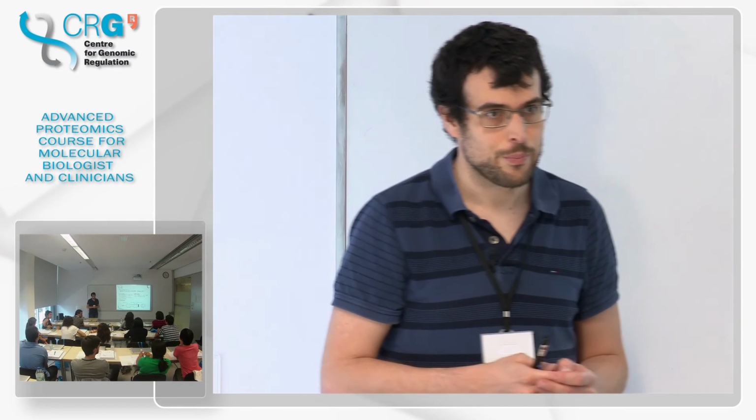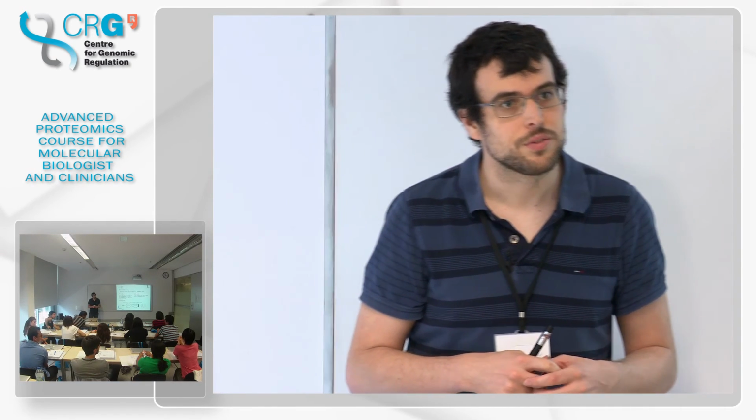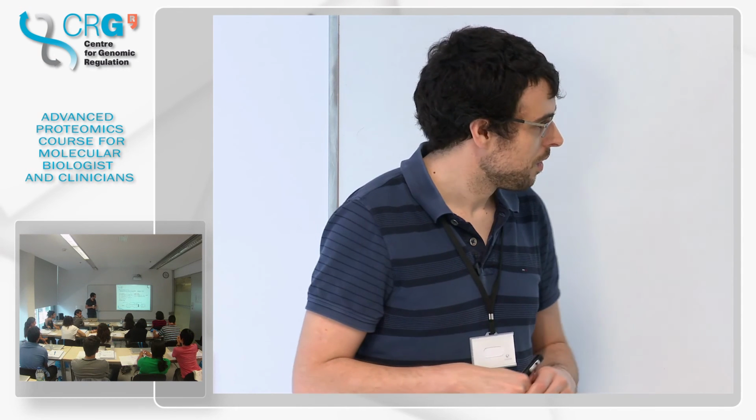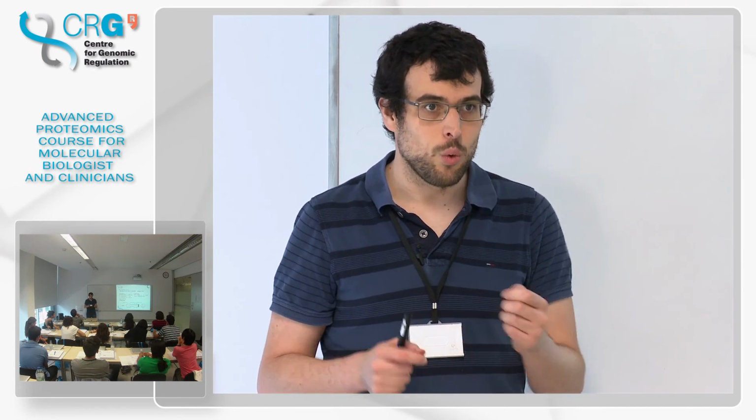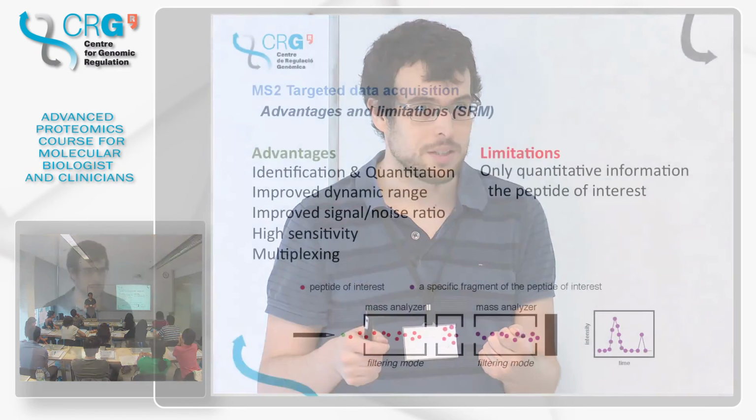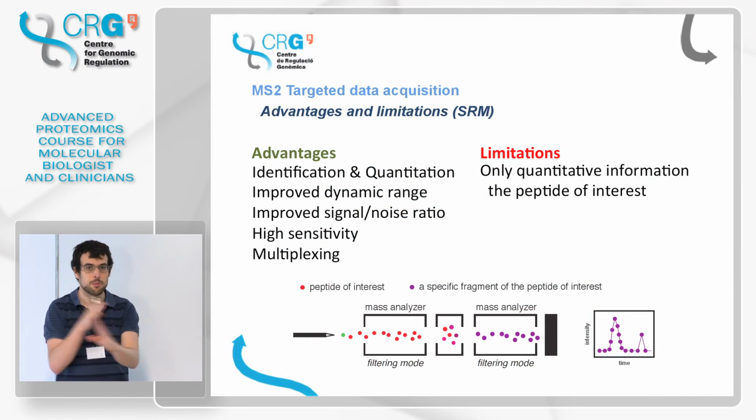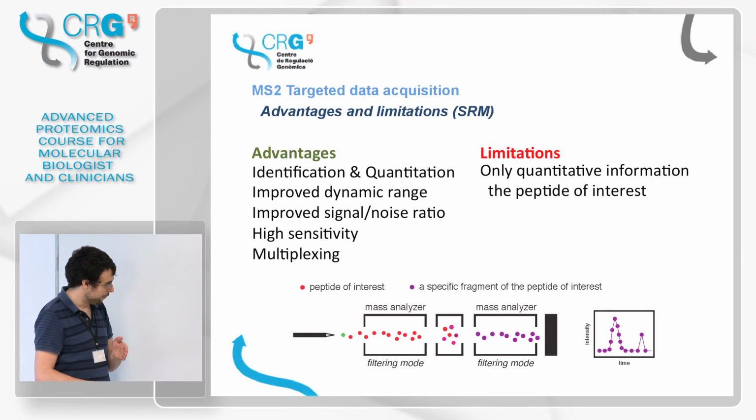Yeah. So if I get it right, you select a specific peptide sequence for mass analysis, right? Yes. So why in the end can you get two quantifications here? Yeah. So because unfortunately there are peptides that weigh the same, that have the same mass. For example, given a sequence, any permutation of the amino acids will give a peptide with the same mass in the first mass analyzer.